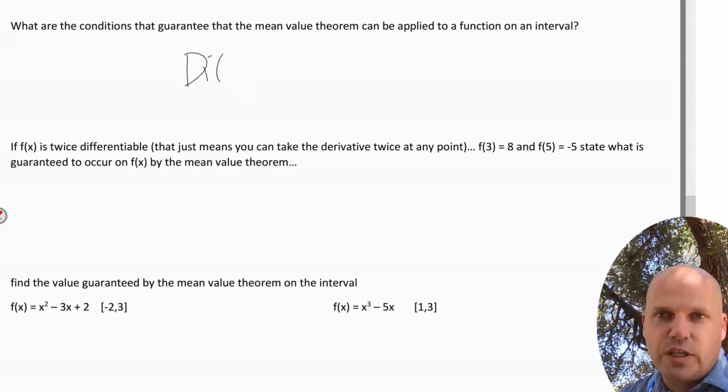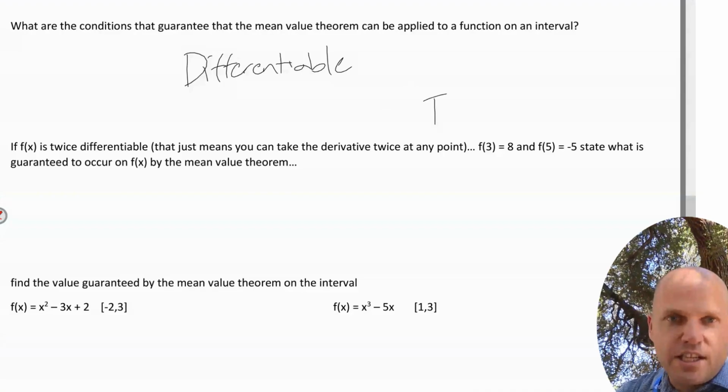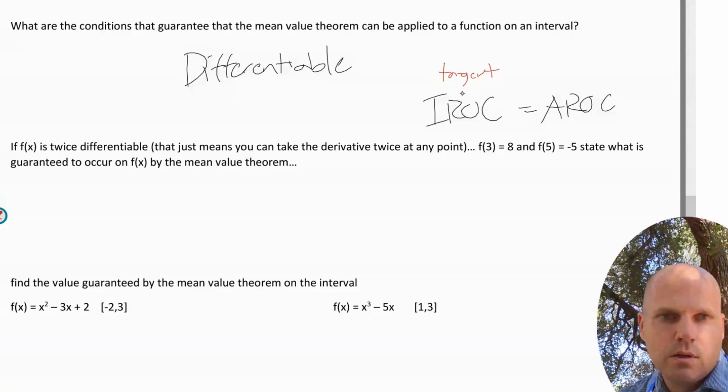If your function is differentiable, then you're guaranteed to have a location where the instantaneous rate of change equals the average rate of change. You're guaranteed a tangent slope equals the secant slope over the interval.